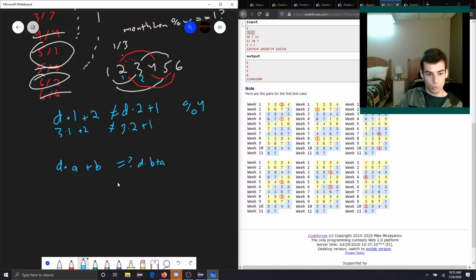If we subtract 1 from both sides maybe, then we have D minus 1 times A. Does this equal D minus 1 times B? Modulo the weekday, days of the week. Well, this is hard to tell. We can't divide, right?